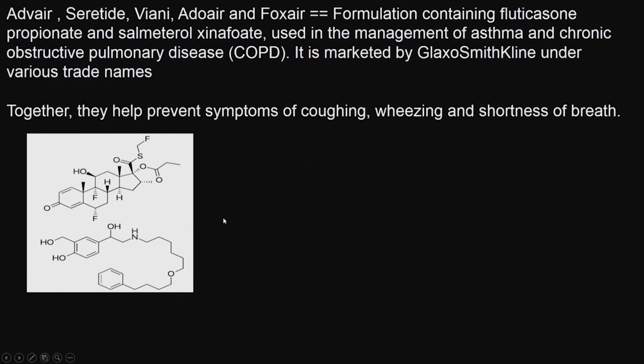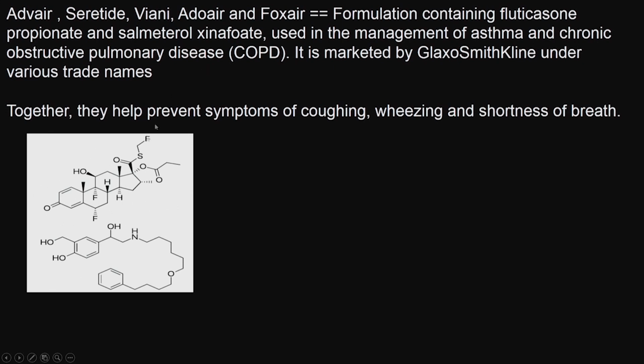Now look at another drug. This is a small molecule drug. It is a mixture of 3 drugs: Advair, Seretide, Vienna. It is a formulation containing several different drugs, used in the management of asthma and chronic obstructive pulmonary disease.